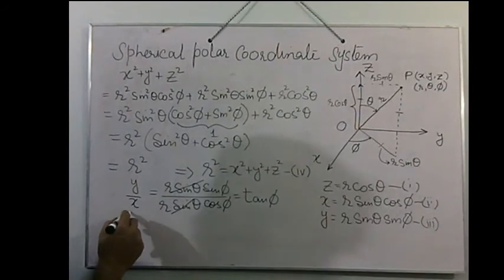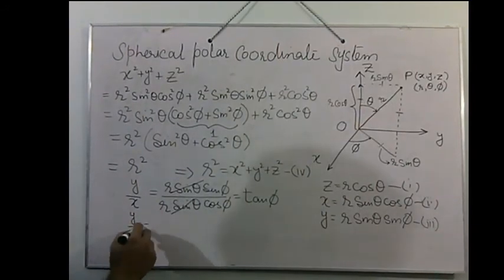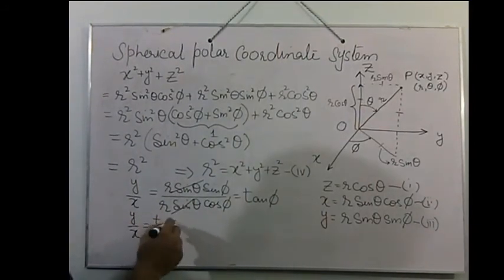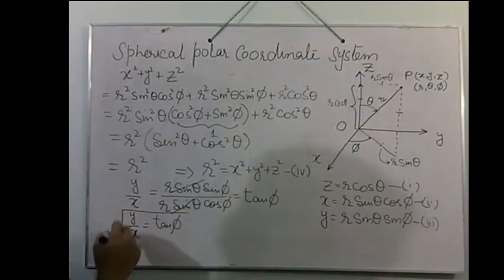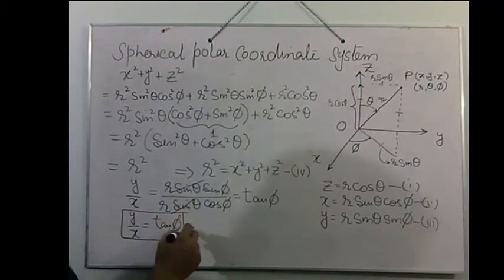So y upon x is equal to tan phi. This is equation number 5.